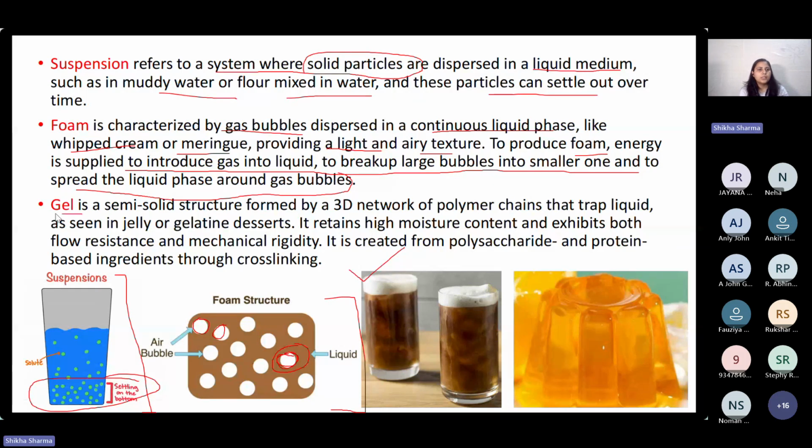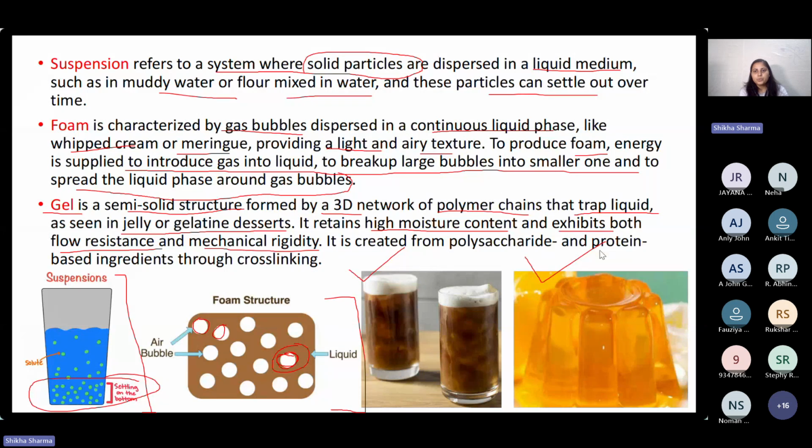Then gel is basically a semi-solid structure formed by a 3D network of polymeric chains in which liquid is trapped. It can be seen in jellies or gelatin desserts, and it retains high moisture content. It exhibits both flow resistance and mechanical rigidity.